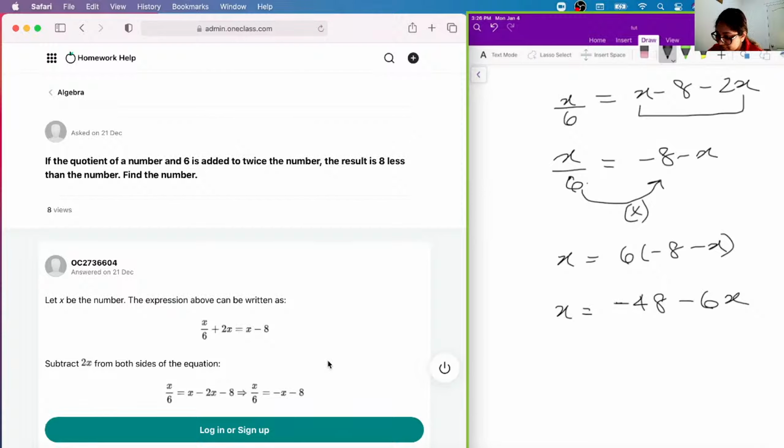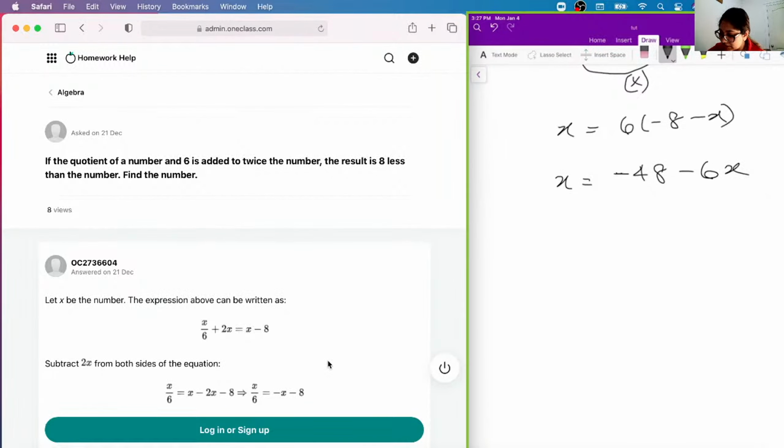And what we can further do is put all the like terms on one side. In this case, we could move the 6x to the other side, so it's going to become 6x plus x is equal to negative 48. And so what we have here is 7x equal to negative 48.